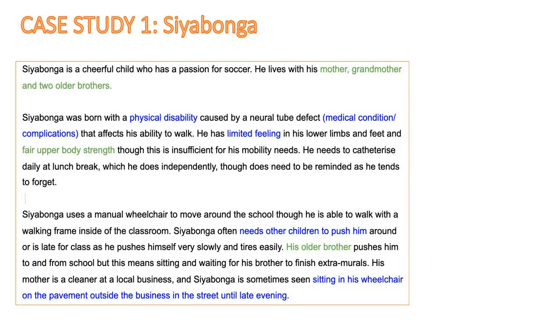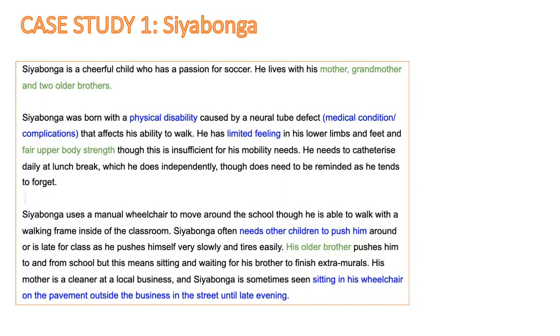So he can use a walking frame, but he can't walk very far with it. Siyabonga often needs other children to push him around, or he's late for classes when he pushes himself, because otherwise he goes very slowly, and it's exhausting. His older brother pushes him to and from school, but this means he's got to sit and wait for his brother to finish his extramurals.